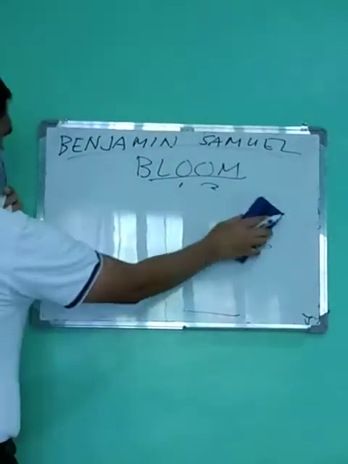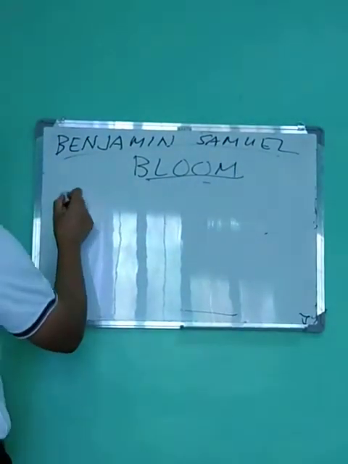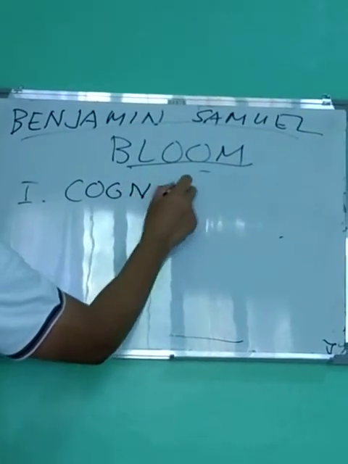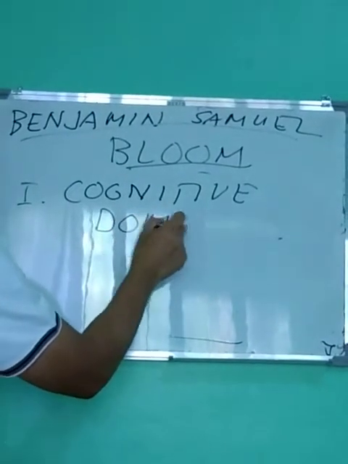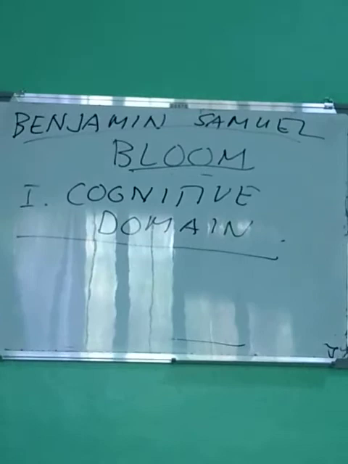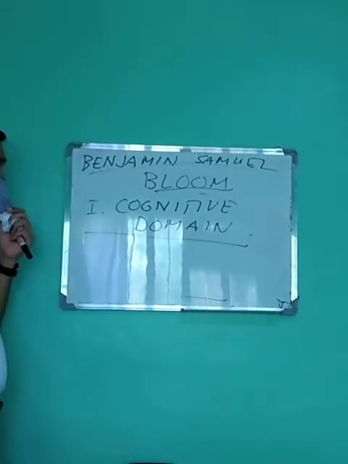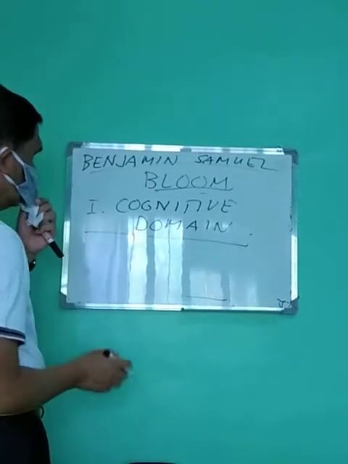But his framework focused more on the first domain, the cognitive domain. He focused on the cognitive domain, not on the two other domains. So today, we will be discussing the cognitive domain as formulated and experimented on by Benjamin Bloom.